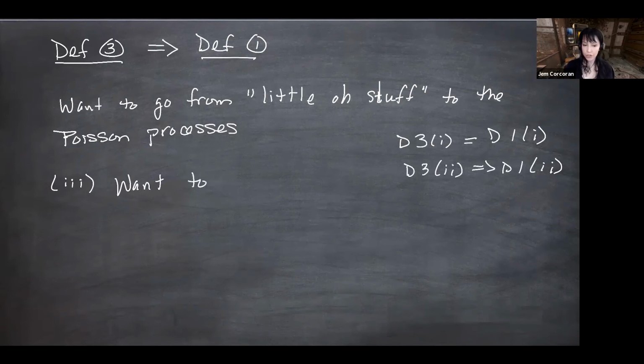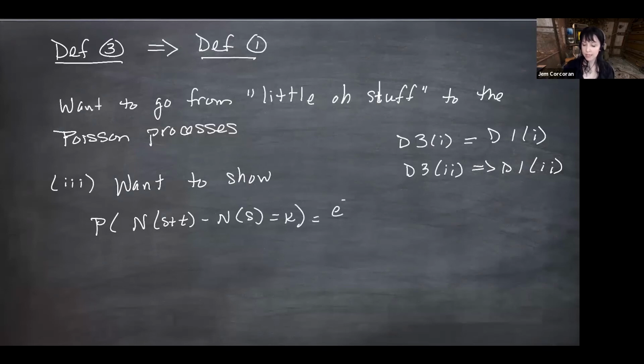So I want to show that the probability that the number of arrivals between some times s plus t and the lower time s being k is e to the minus lambda t to the k over k factorial. And I want that to come just from little o stuff.